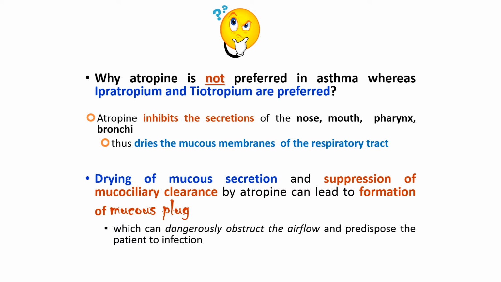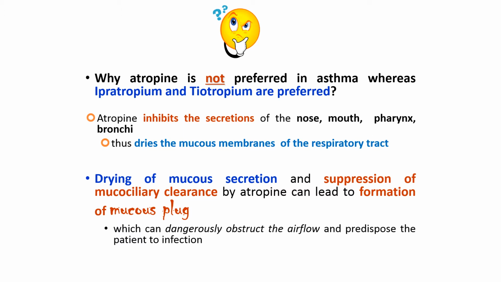The other thing is that atropine non-selectively inhibits the respiratory secretion. It will inhibit the secretion of the nose, mouth, pharynx, and also the bronchial secretion will be inhibited. So atropine non-selectively inhibits the respiratory secretion and it dries the mucous membrane of the respiratory tract.